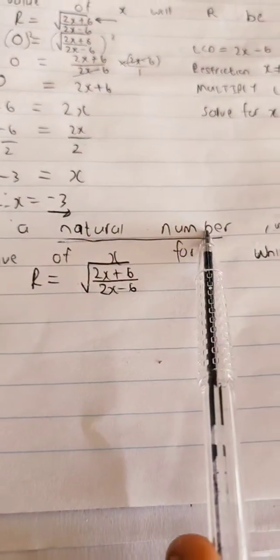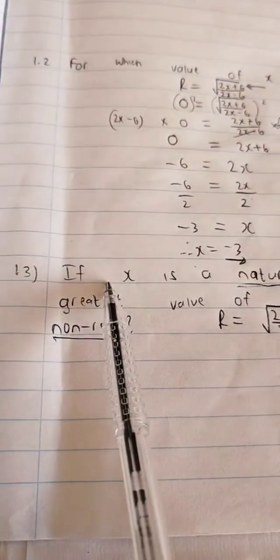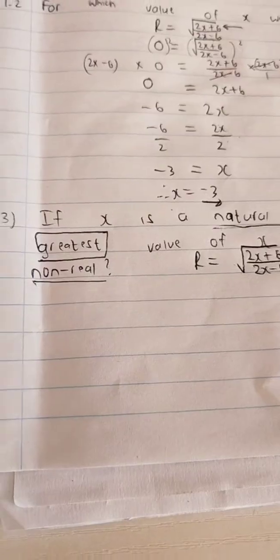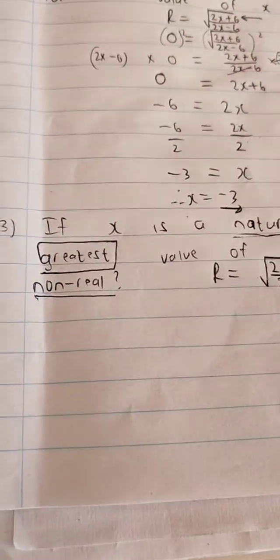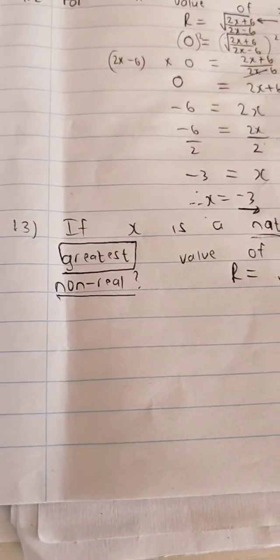Let us never confuse the two. So yes, they are saying if x is a natural number, what is the greatest? So we need the greatest. Greatest means biggest. Biggest means largest. Largest means greatest.